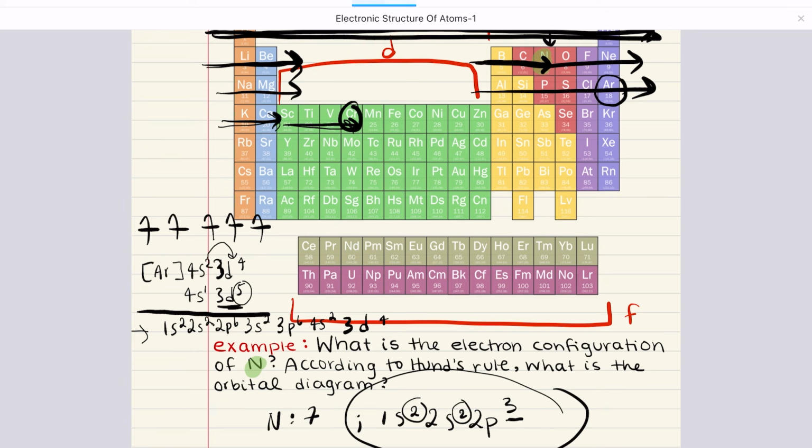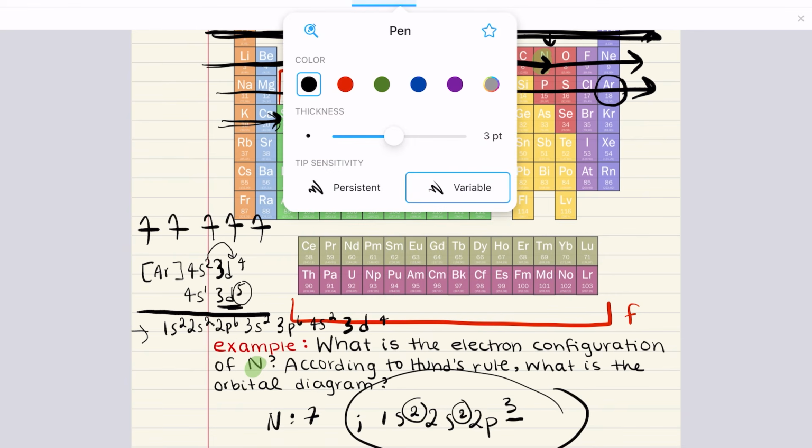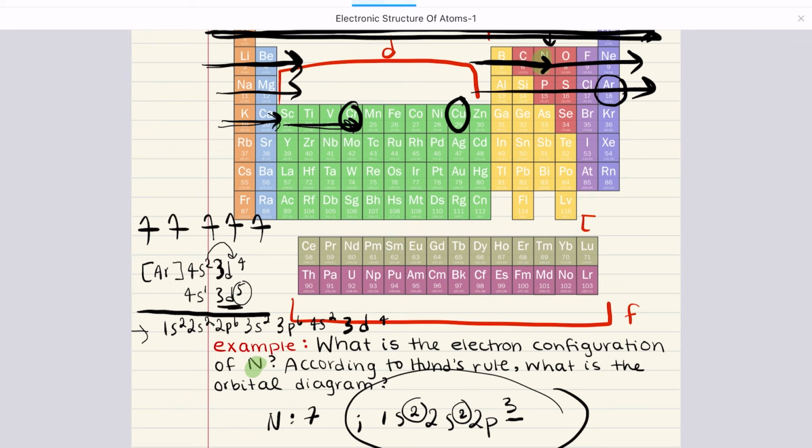Another exception here that we want to talk about is copper. So copper is right here. If we were to write the electron configuration for copper, keeping our easy notation, we can write argon, and this is going to be 4s2, 3d9. So close to having a full d subshell.